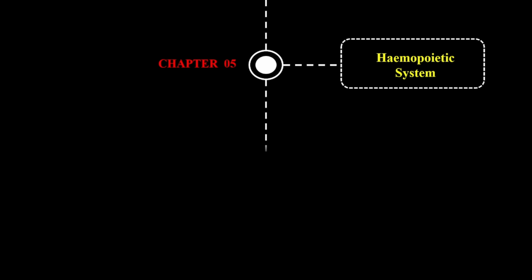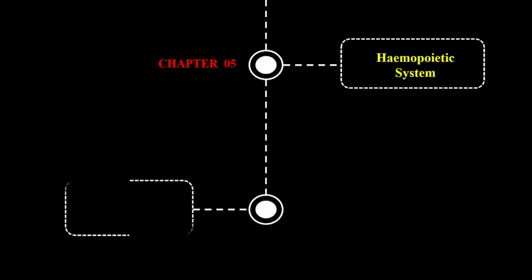Our next chapter is lymphatic system. In that we are going to see lymph and lymphatic system, its composition, functions and its formation, how the lymph is formed. The structure and function of spleen and lymph node, where the lymph is generated. Next we are going to see cardiovascular system.